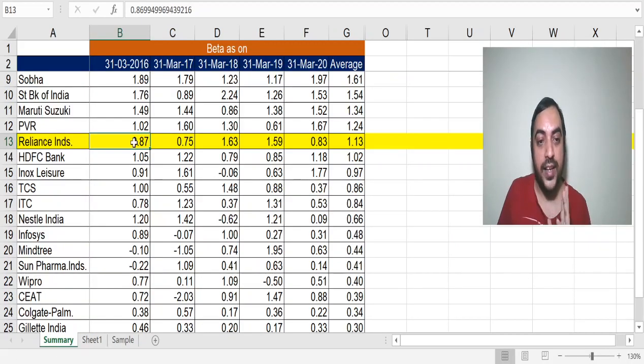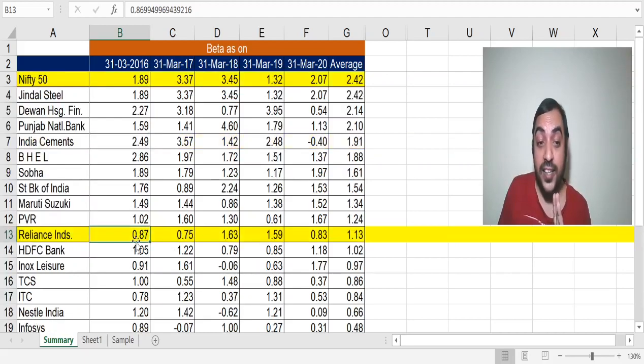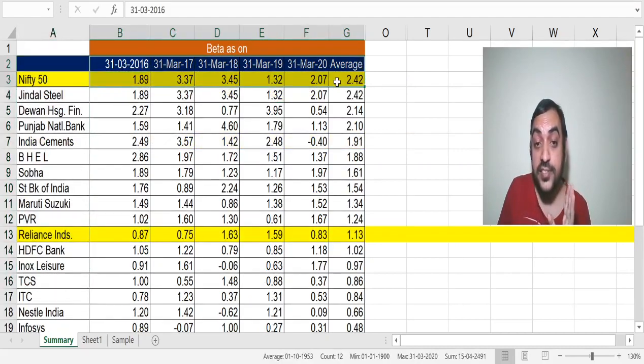So I've calculated 0.87. This is one data point. I've calculated that for 25 companies for these many years, just to tell you how beta changes over a period of time. So I've shown you how to do it for one company. I'm sure you can try it for other companies as well.